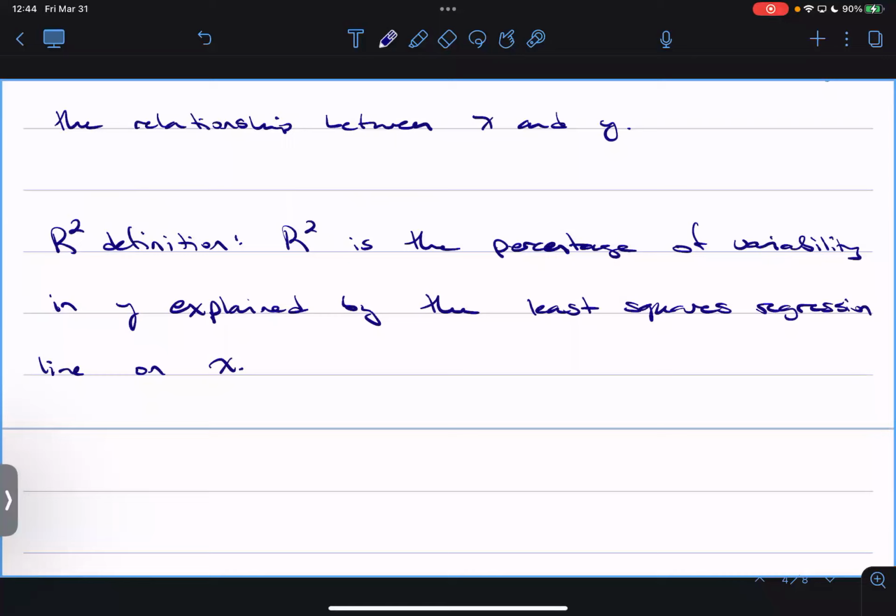You can have multiple X's, right? If you move into multiple regression, you can have more than one X, but in general, the definition is the same.